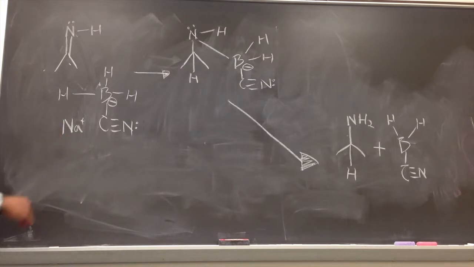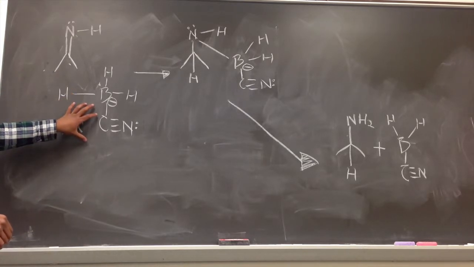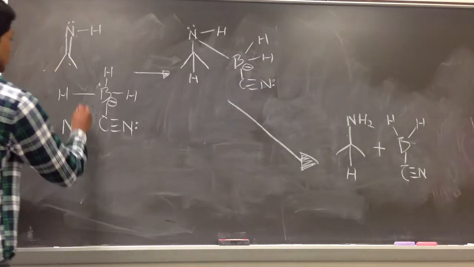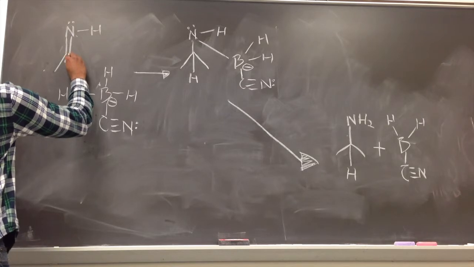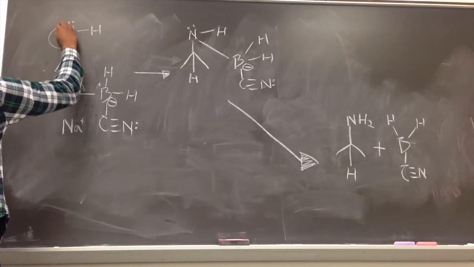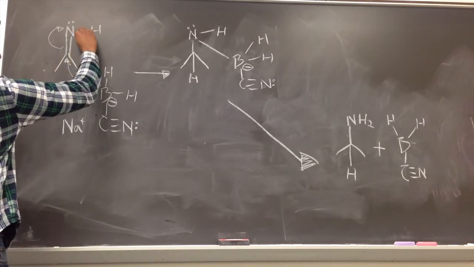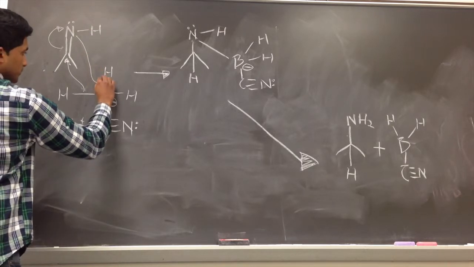This is the partial mechanism for the reduction of an imine to an amine. Sodium cyanoborohydride will first, the bond between the hydrogen and the boron will attack the carbon. The electrons will be pushed up to the nitrogen, and the nitrogen will attack the boron.